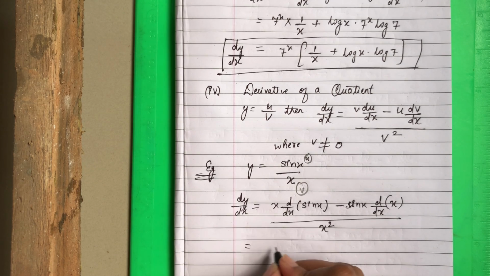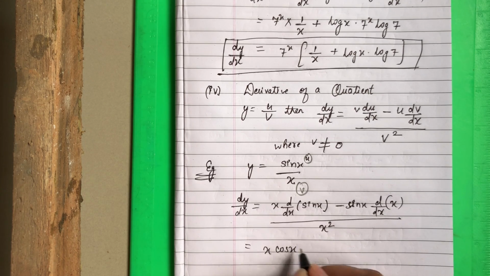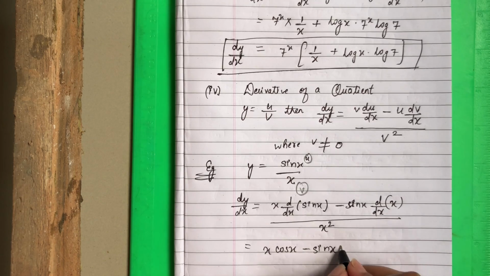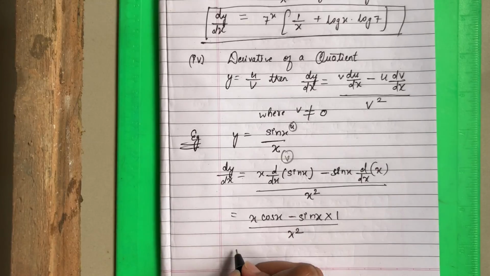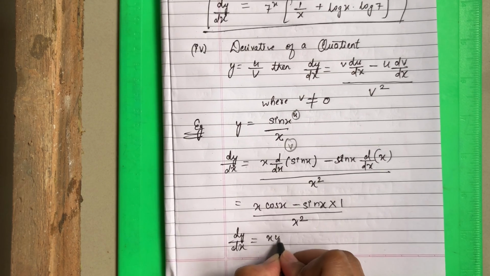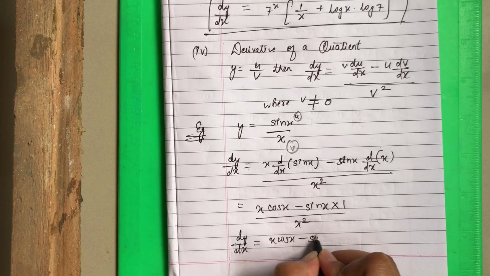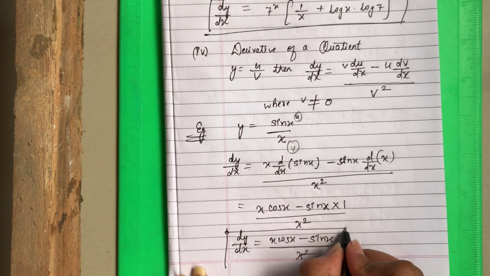Now differentiate this. x d by dx of sin x is cos x, minus sin x, the derivative of x is always 1, upon x square. So the final answer is dy by dx is equal to x cos x minus sin x upon x square.